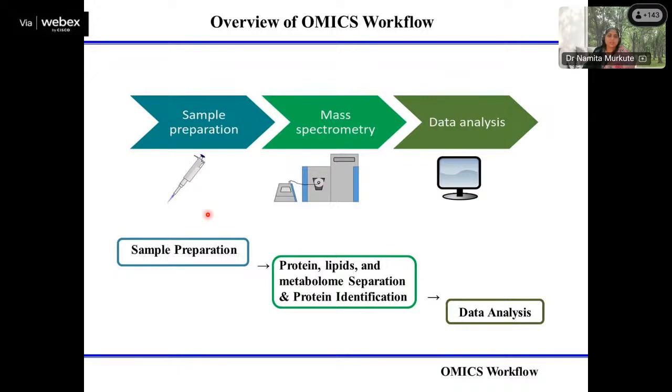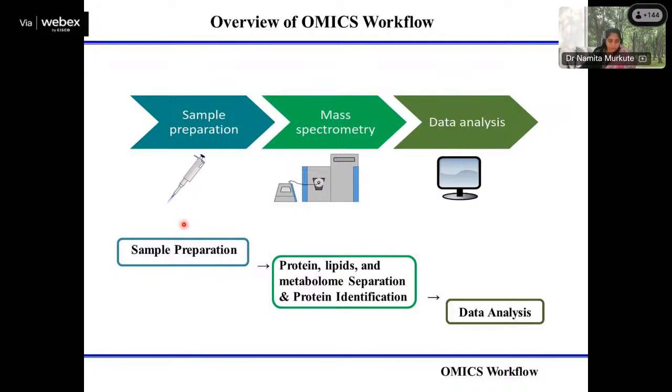So many different types of molecules are present in this metabolome. So the sample preparation is a very crucial and important step, because if you are not able to extract nearly 90 to 100% of the metabolites from your sample, if you are losing something, then your purpose will not be resolved.